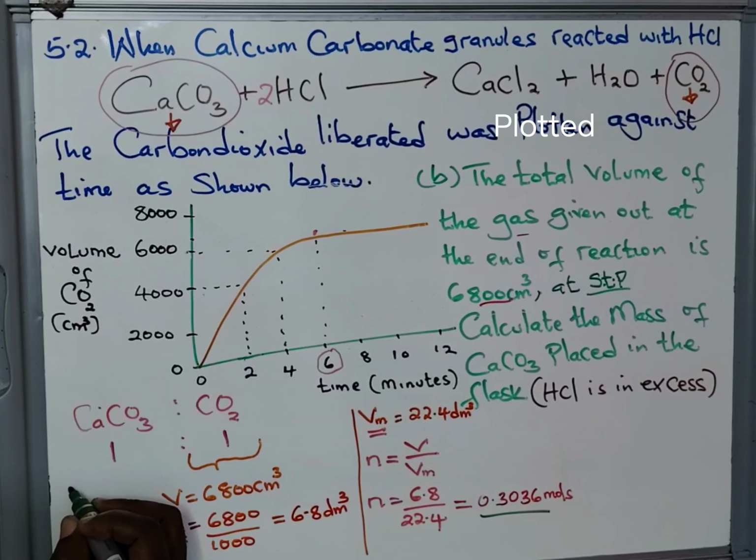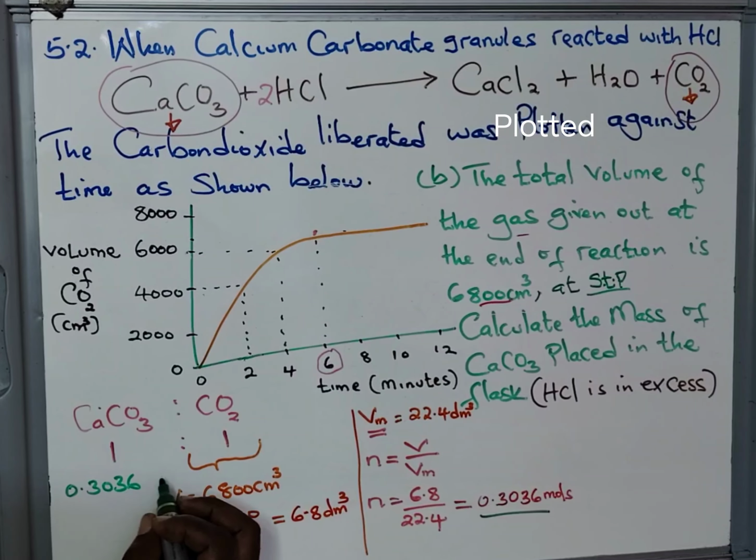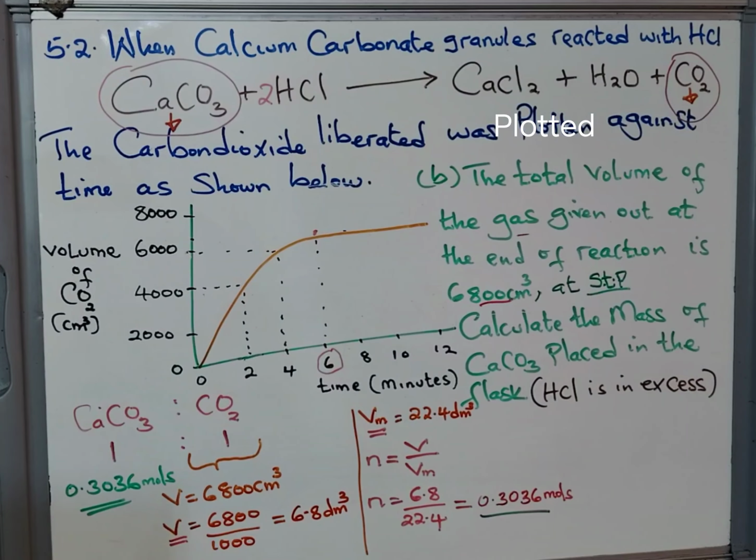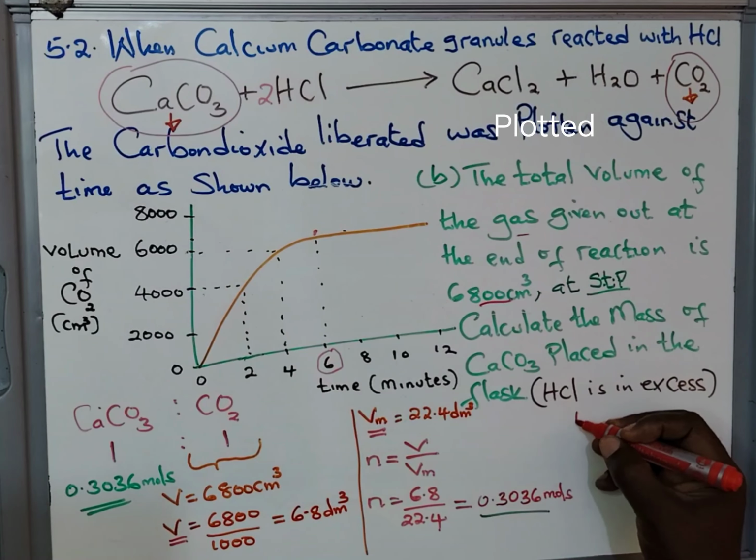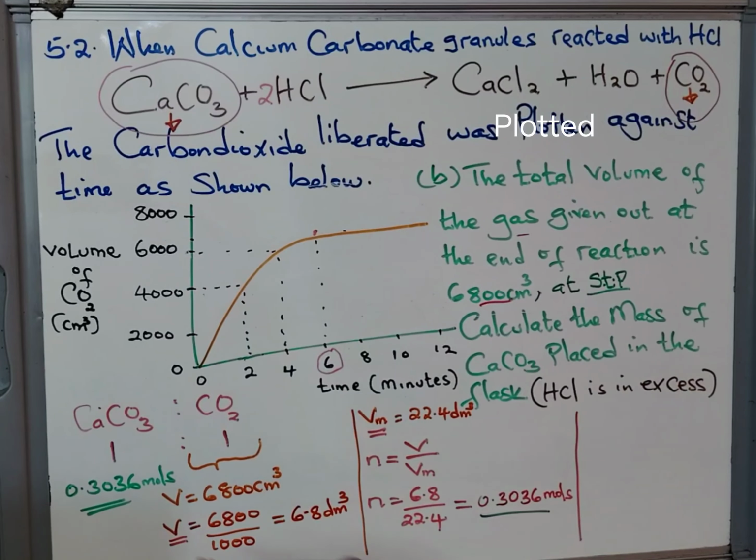It is going to be the same, 0.3036 moles. Now we have got the number of moles of calcium carbonate. So what do we do with it? We change the number of moles to mass.